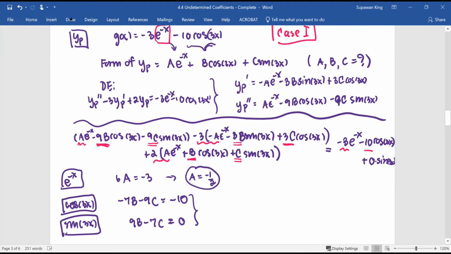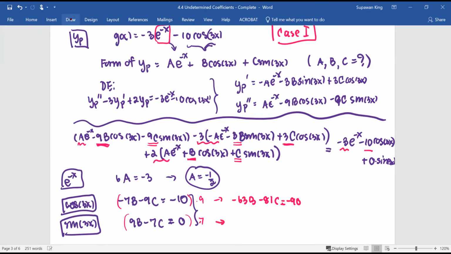So multiply the first one by 9, multiply the second one by 7 to get negative 63b minus 81c equals negative 90.